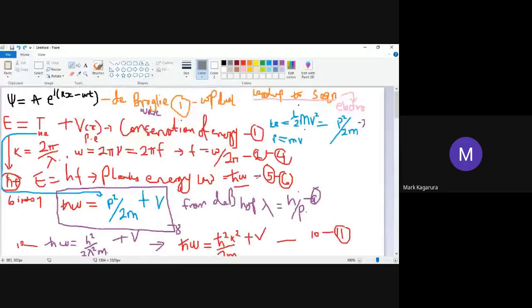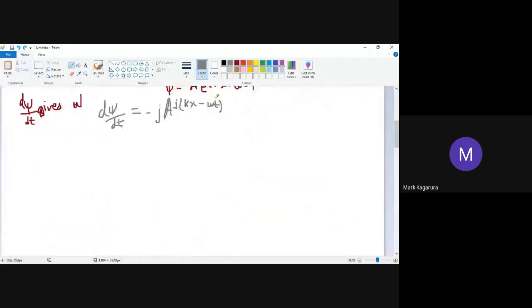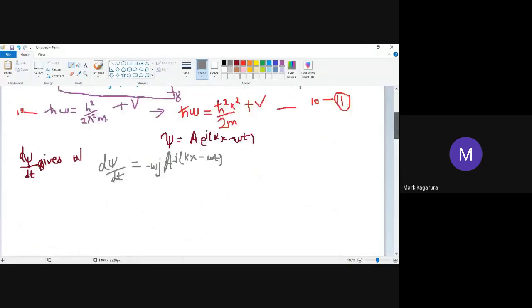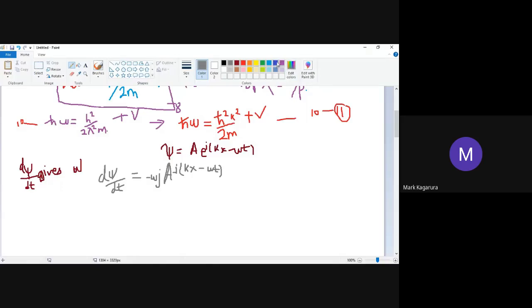So these are the terms from the differentiation, minus jω.